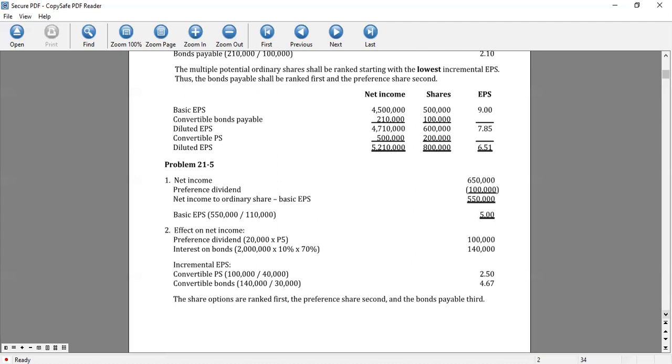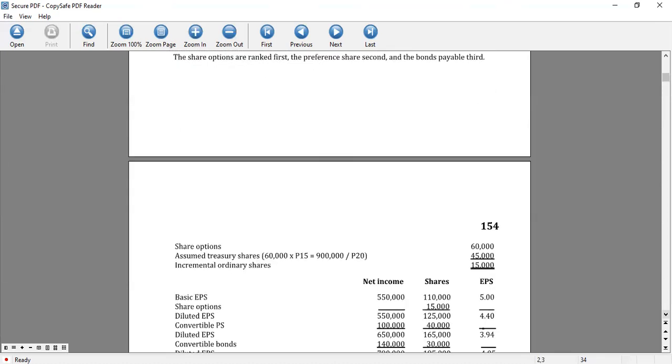Now we have the share options ranking first, the preference shares second, and the bonds payable third.